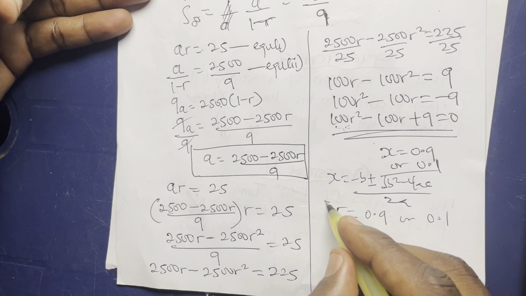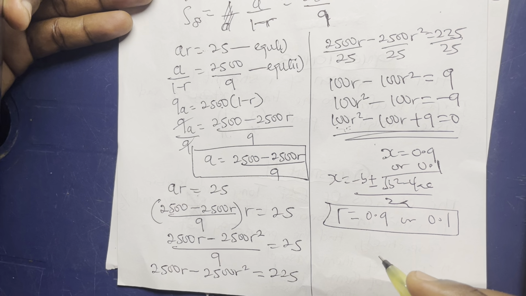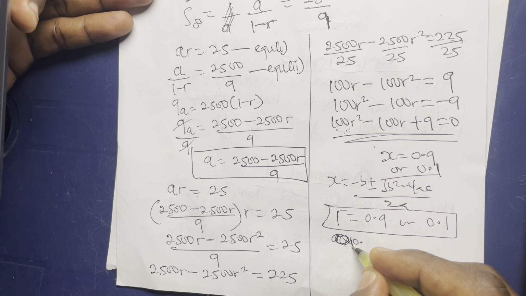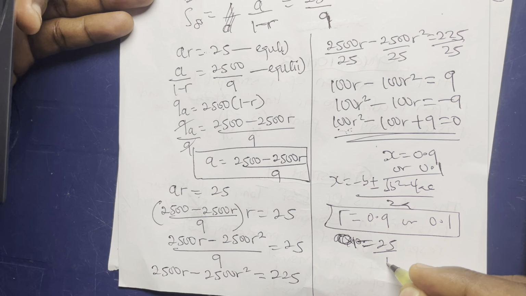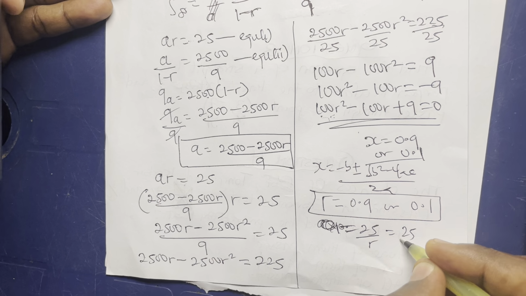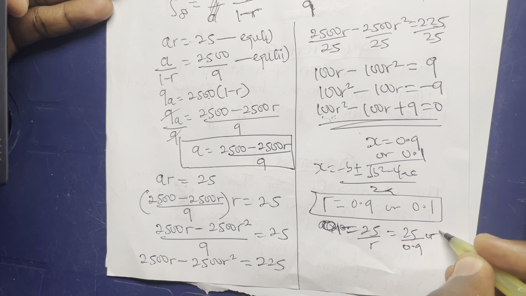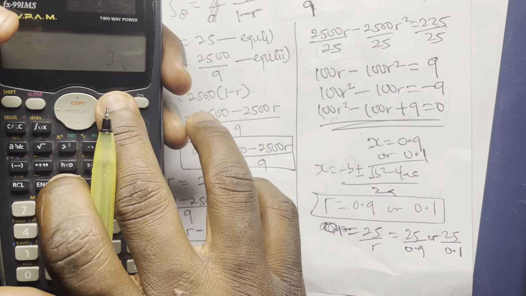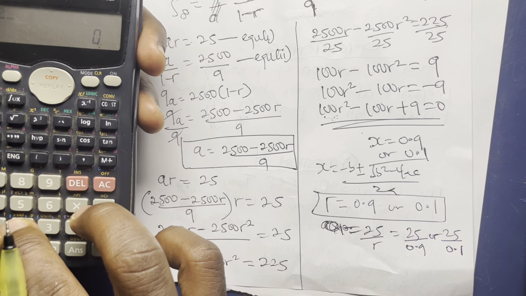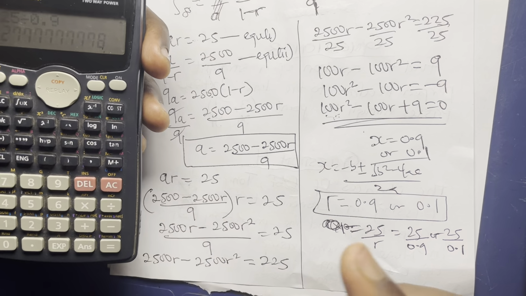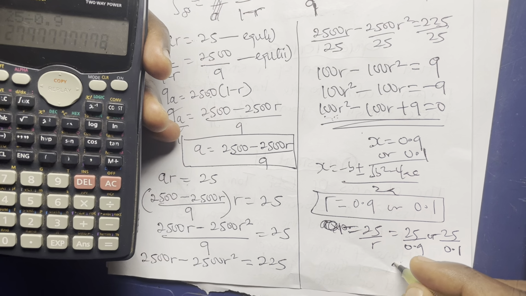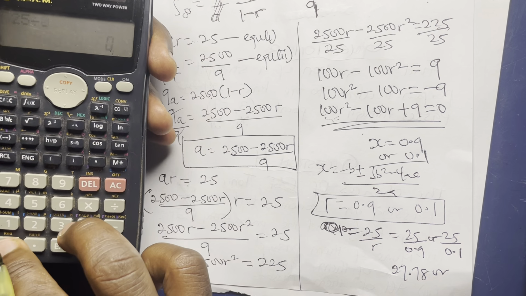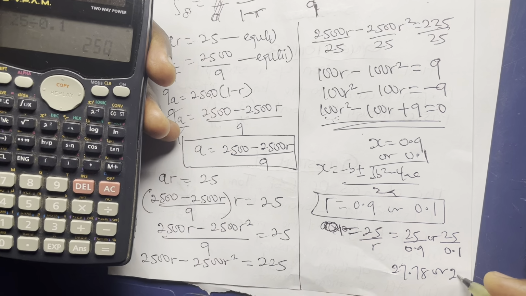But let's do a cross check. If the common ratio is r, then the first term is going to be 25 over r, which is either 25 over 0.9 or 25 over 0.1. 25 divided by 0.9 gives us 27.78, or 25 divided by 0.1 gives us 250.